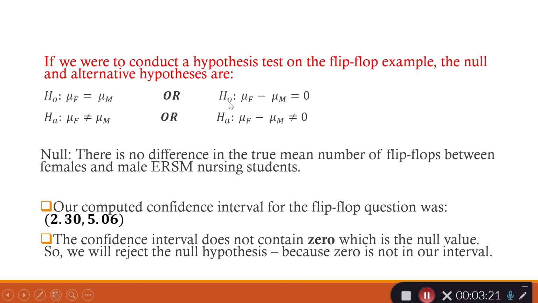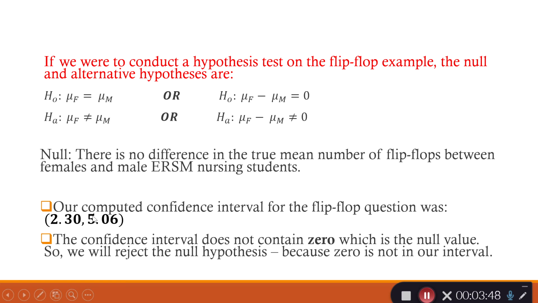And remember, our null hypothesis could also be written as mu f minus mu m equal to 0, because if these two values are equal, then of course the difference between them would be 0. So our null value would be 0, right? So a null can also be written as there's no difference in the true mean number of flip-flops between females and the male ESRM nursing students.